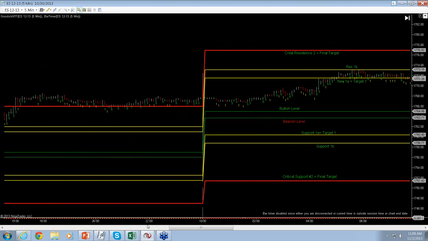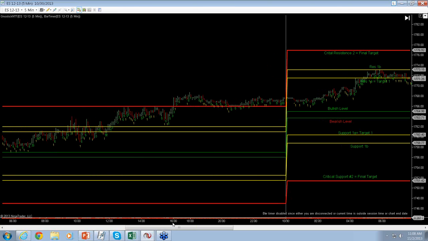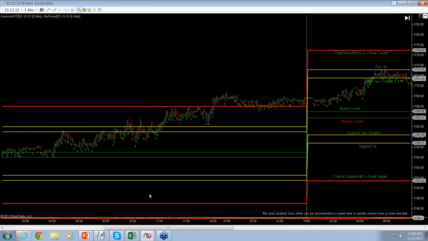Take a look at the day before. Price action moved from 4 a.m. clear up to critical resistance and just sat on top of it the remainder of the day into the evening, when the levels then jumped. They predicted an increase in price on the critical resistance and critical support and everything in between, but look what price does.